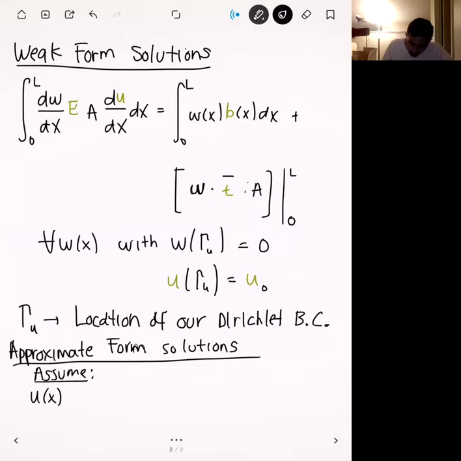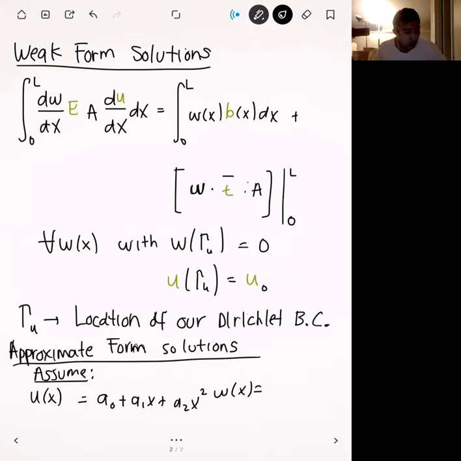We have to assume that our solution function U of x and our weighting function W of x take some kind of form. For instance, U of x usually we assume to be some kind of polynomial function, maybe a linear function or a quadratic function. If you have a quadratic function, it might look something like this, where we have to include all of the terms up until the quadratic term.